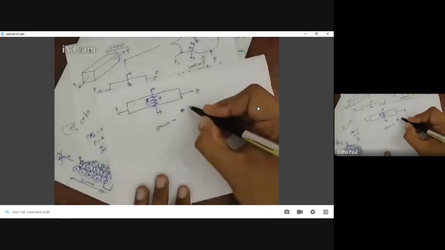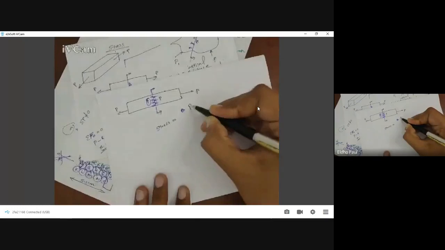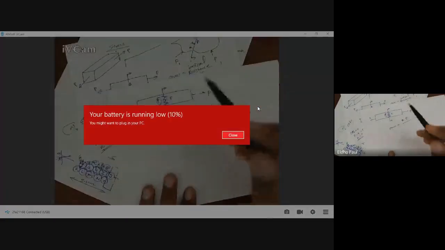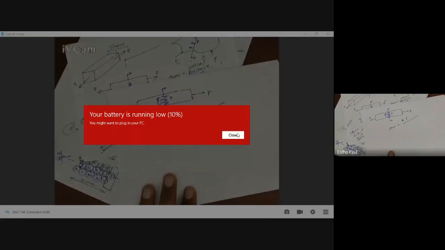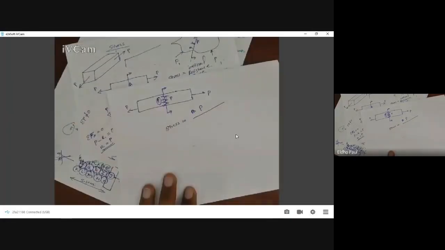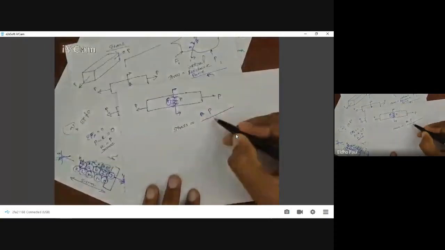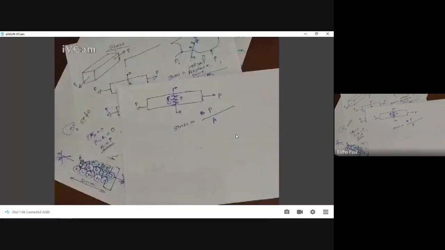So the internal resistance force across the cross section, P, divided by the cross section area where P is acting, which is A. P by A is equal to stress.